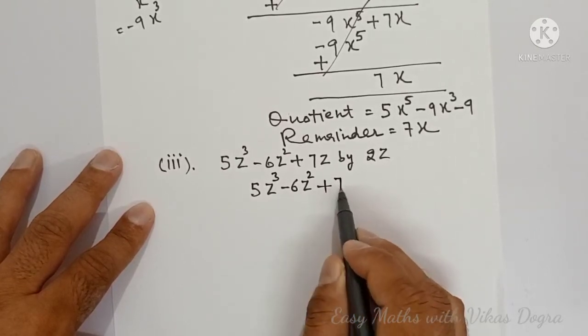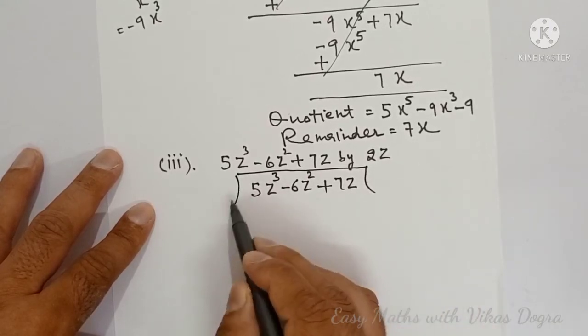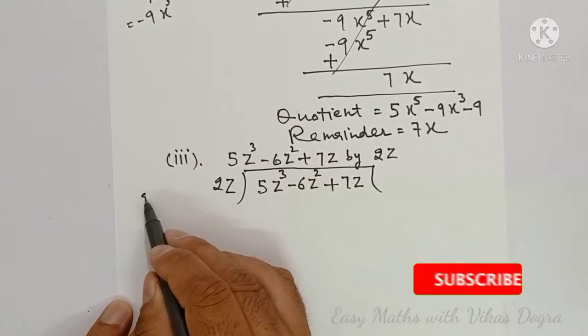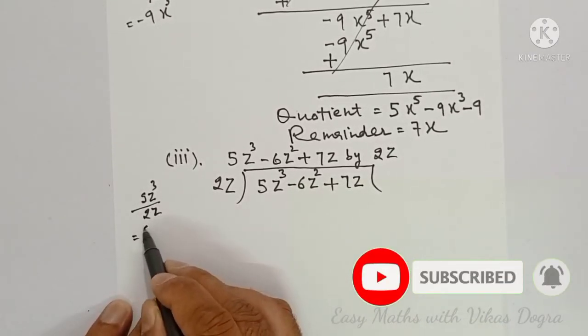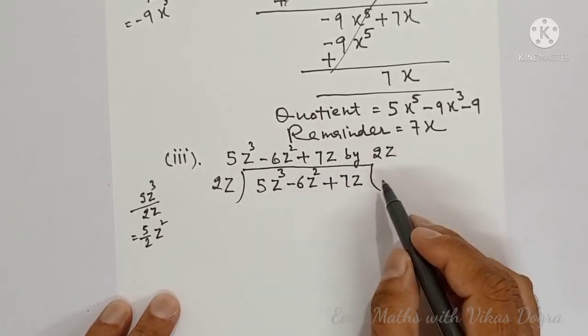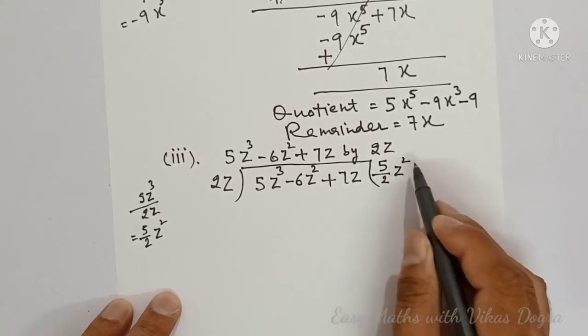This will become dividend and 2z here the divisor. 5z power 3 in a rough work will be divided by 2z. It will become 5 upon 2 z power 2. 3 minus 1 is 2. So here it will come 5 upon 2 z square.